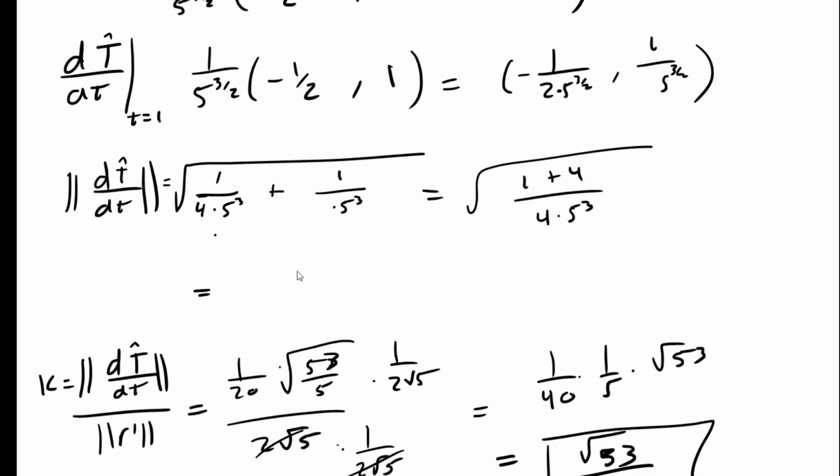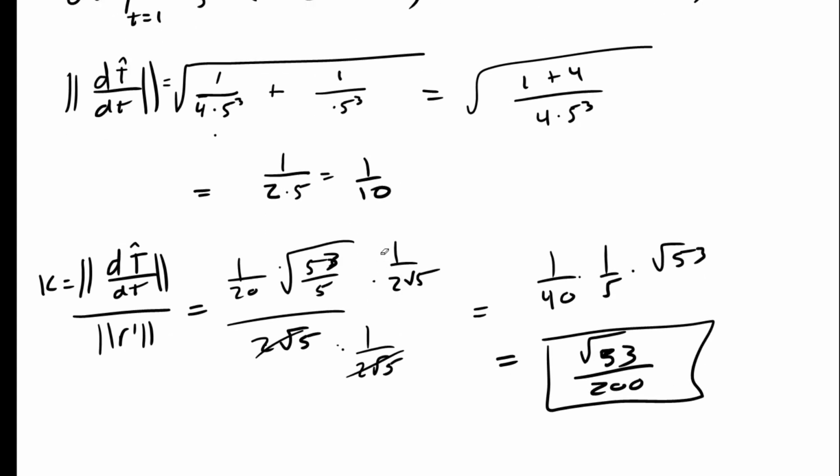So we're going to have 1 over, I can bring out a 2 and bring out a 5. Okay, so then this whole thing up here becomes 1 over 10 over 2 root 5.